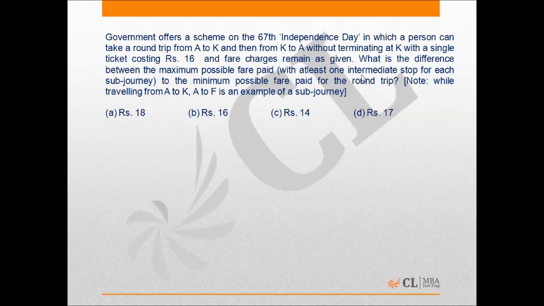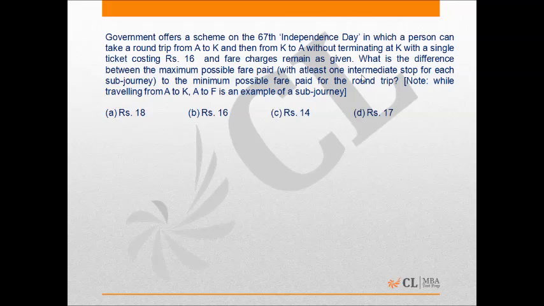Here it is given that the government offers a scheme on the 67th Independence Day in which a person can take a round trip from A to K and then from K to A without terminating at K with a single ticket costing rupees 16. It means a person can travel from A to K and return to A just by paying rupees 30 as per the scheme on the 67th Independence Day.